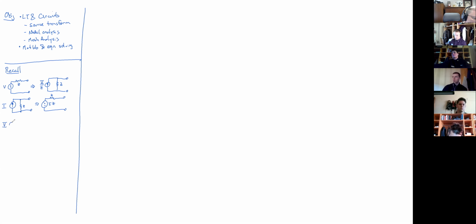Somebody tell me what the simplification of this degenerate case is. The impedance goes away. That's it. So there is no current source equivalent of this. But this says that the voltage is set by V between these two terminals, so that Z could be anything or nothing or infinity, and it doesn't change anything.